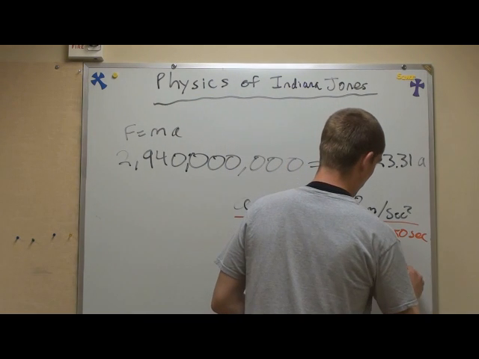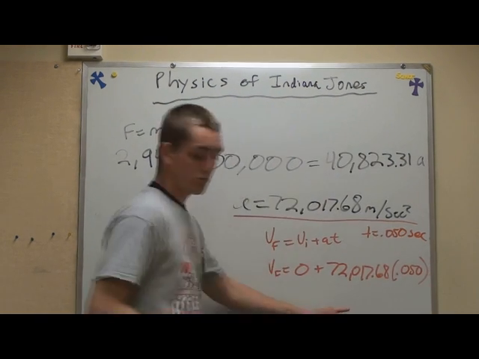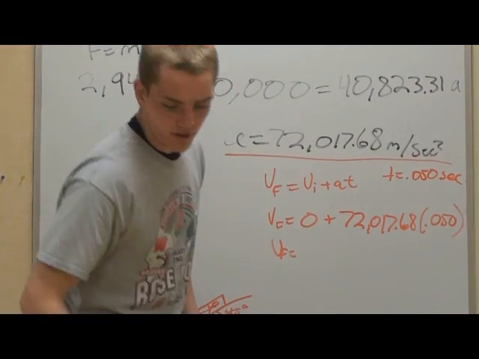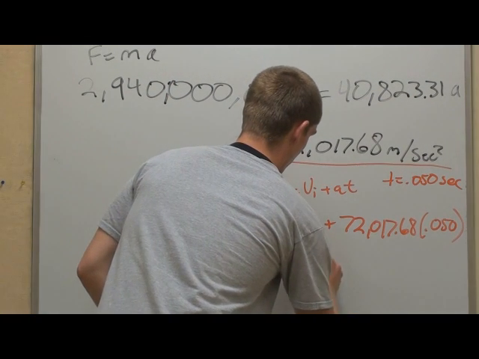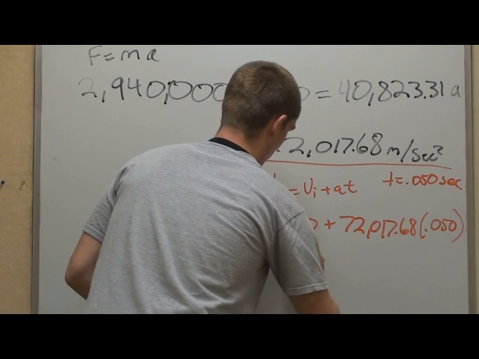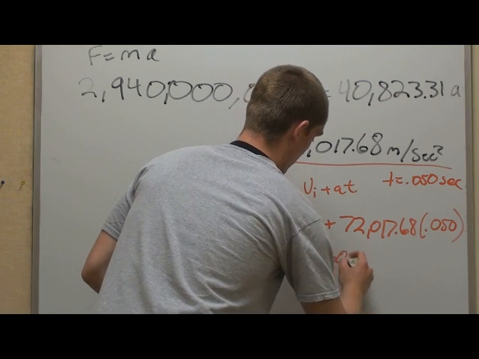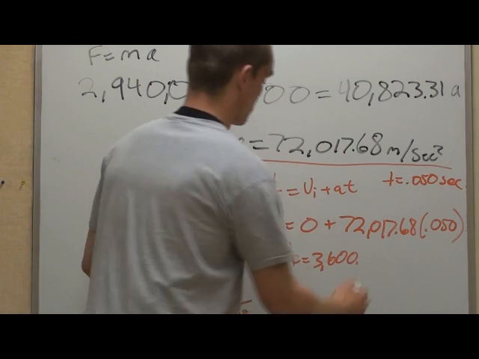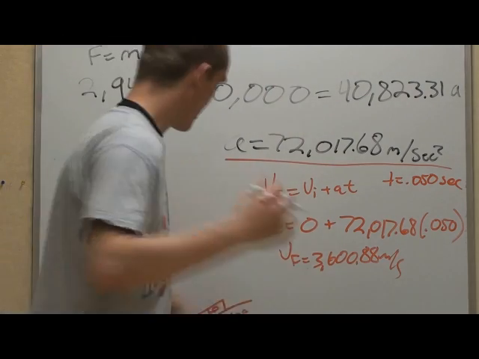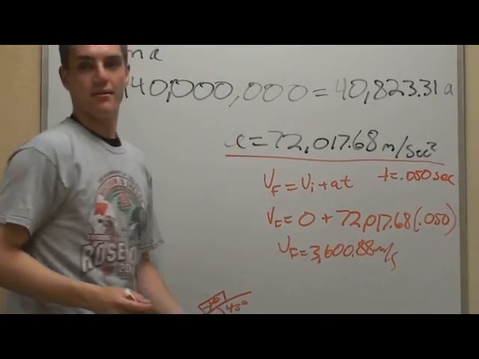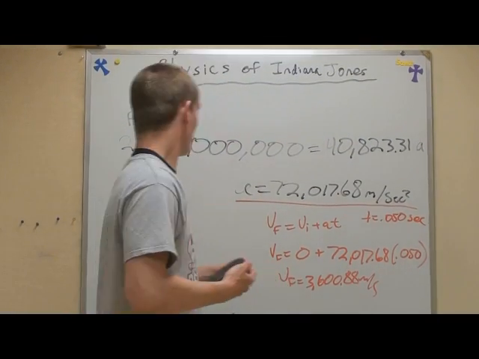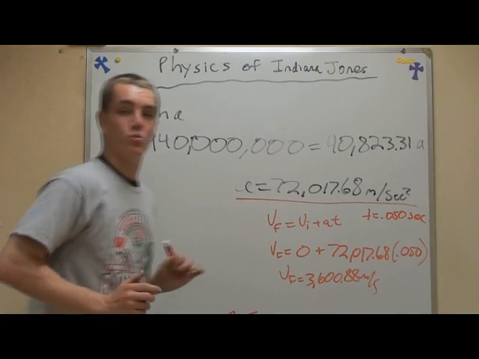When you do this, you get a final velocity of 3,600.88 meters per second. When we solve for this velocity, this is the velocity that this thing's shooting out at.